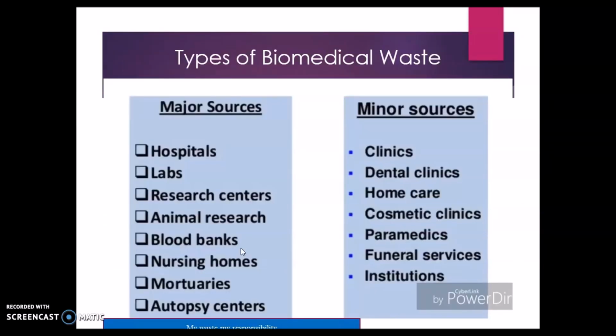These are the biomedical waste collection types, major as well as minor. Major includes hospitals, labs, research centers, animal centers, blood banks, nursing homes, maternity homes, or spa centers. Minor includes clinics, dental clinics, home care, cosmetic clinics, paramedicals, funeral services, or institutions, etc.